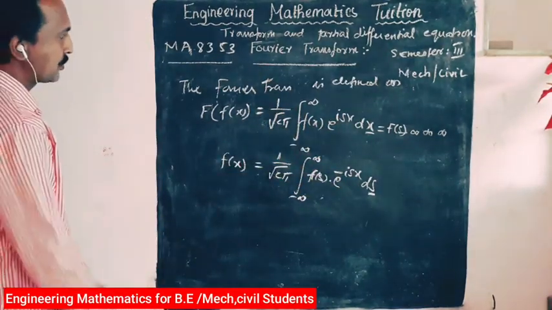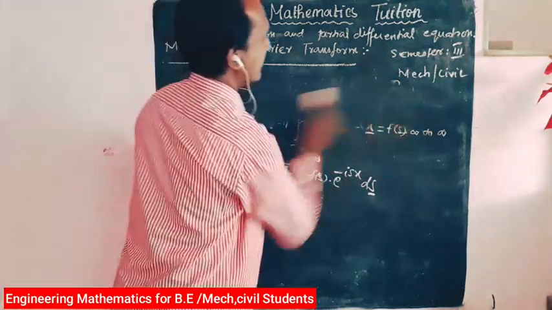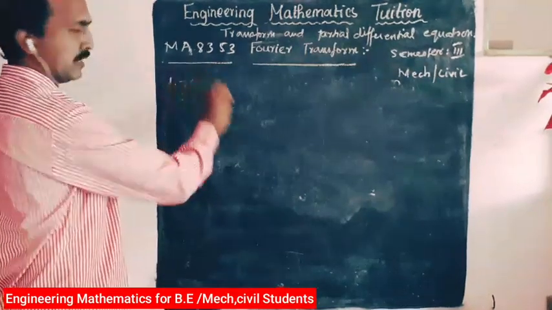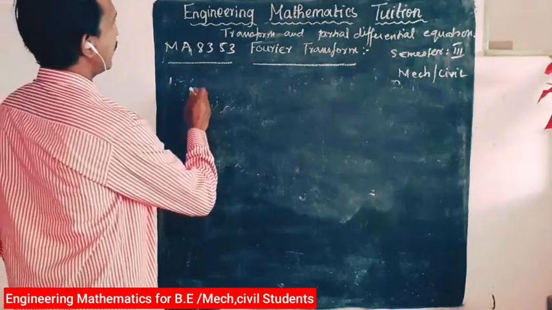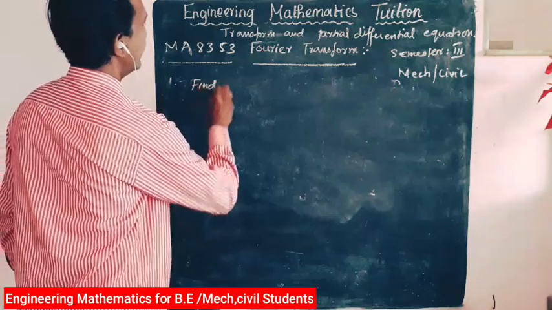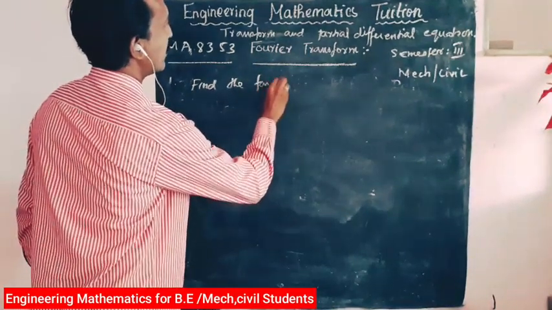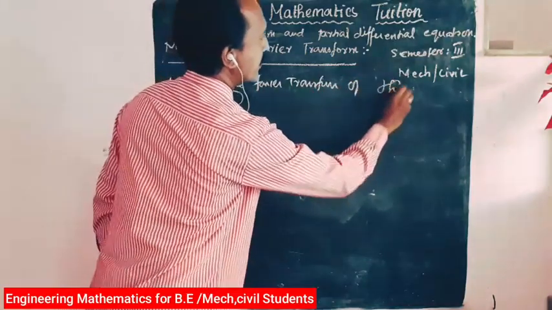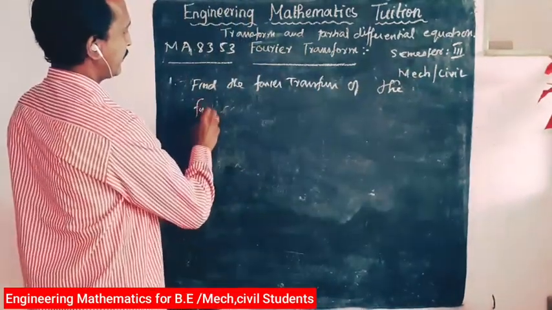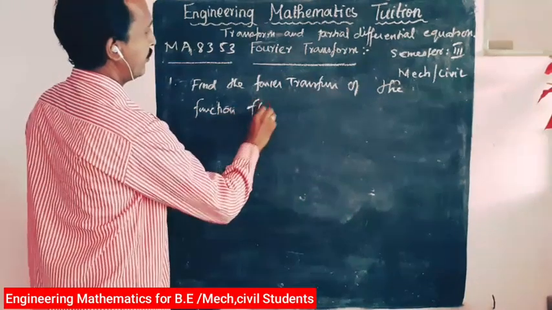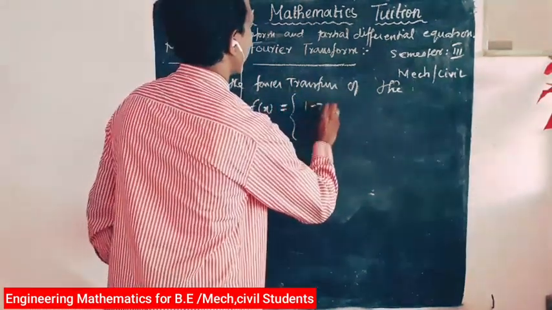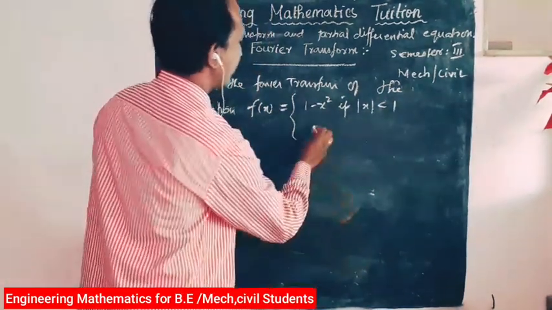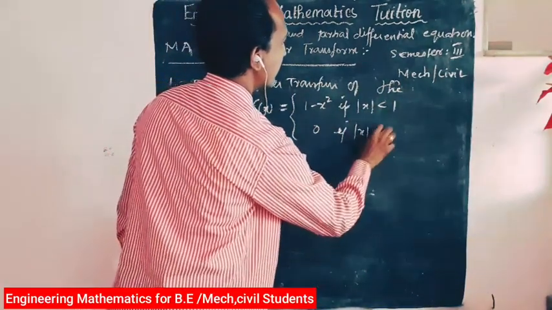Then the problems for the Fourier transform. First problem, find the Fourier transform of the function f of x is equal to 1 minus x squared if mod x is less than 1, 0 if mod x is greater than 1.